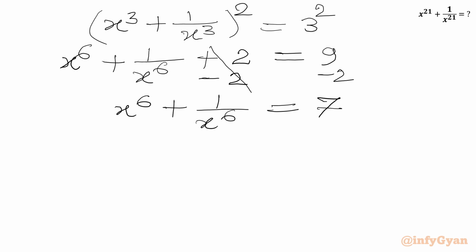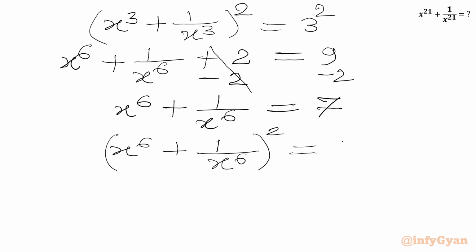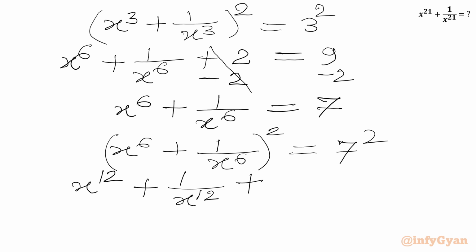Now I will consider squaring once again. So I will write x power 6 plus 1 over x power 6 whole square equal to 7 whole square. Again we will apply a plus b whole square formula. We will get x power 6 whole square, x power 12, plus 1 over x power 6 whole square, 1 over x power 12, plus 2 times x power 6 times 1 over x power 6.